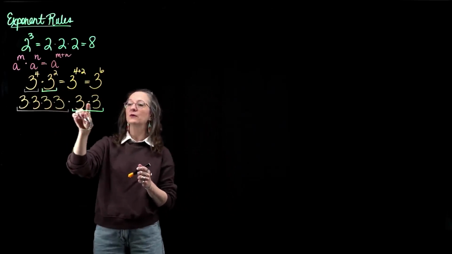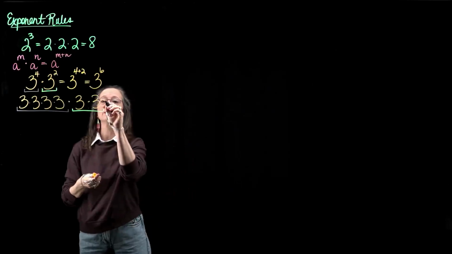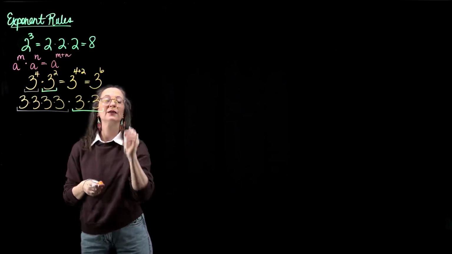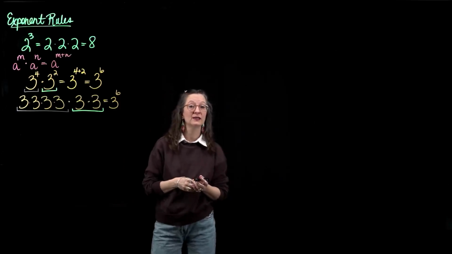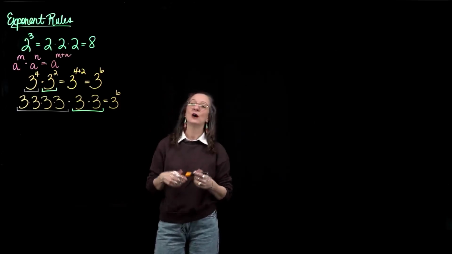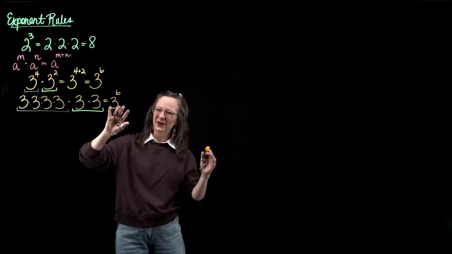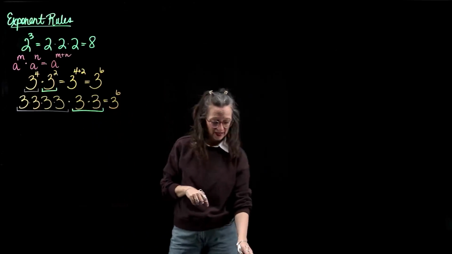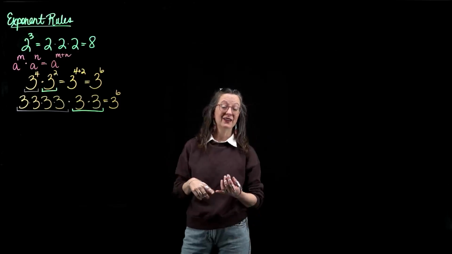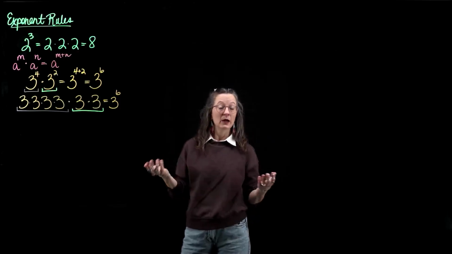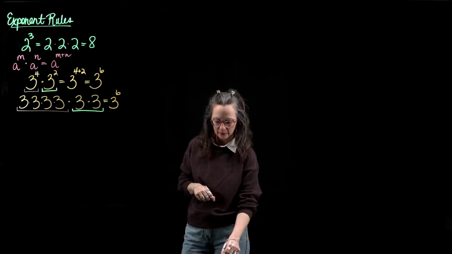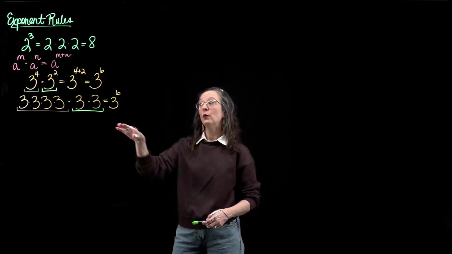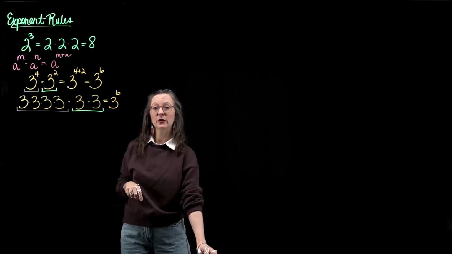And if I were to count those up, I have 6 3's multiplied together, which is another way to say 3 to the 6th power. Now, almost always, we're not going to want to write all of that out because it's not convenient, it takes us too long, and when we're dealing with variables, it may not even be possible. So we have a rule to tell us how to evaluate it.